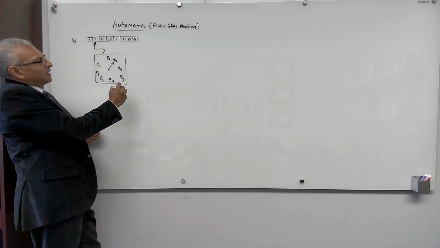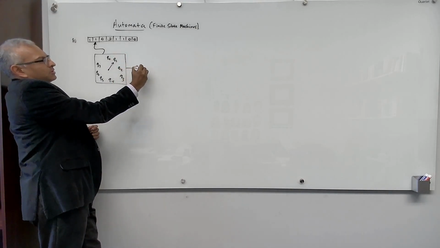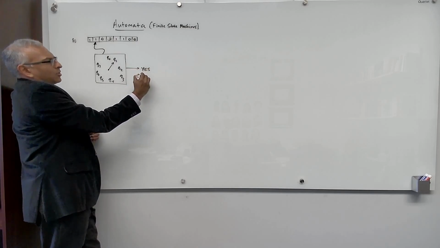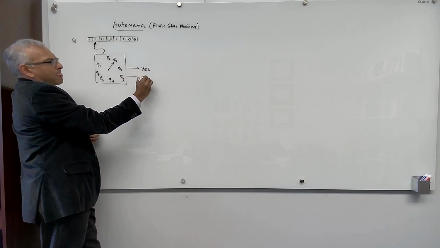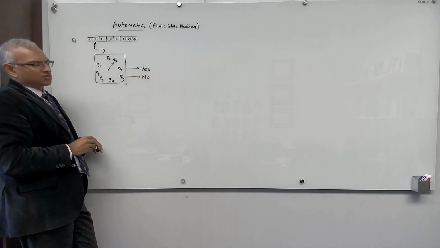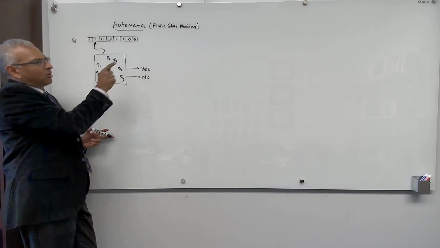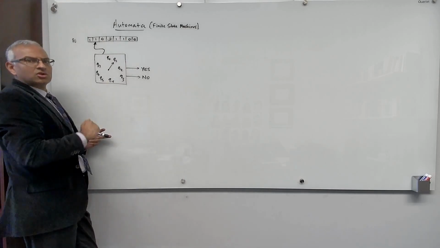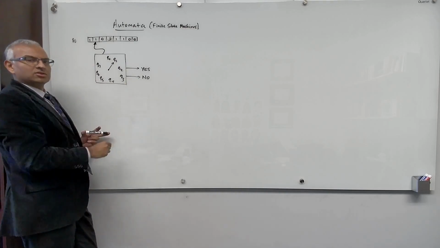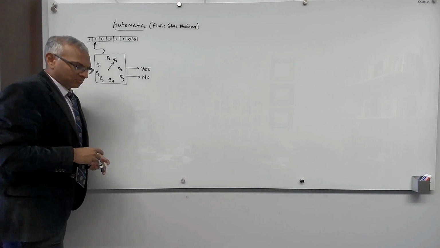And at the end of chomping the input up, it has to output yes or no. So it has to say what's my answer? Is my answer yes or no? And if the machine works, in other words, if it solves the problem, it'll only say yes when the string W is in your language, and it'll only say no when your string W is not in your language. So that's what it means to solve the problem.